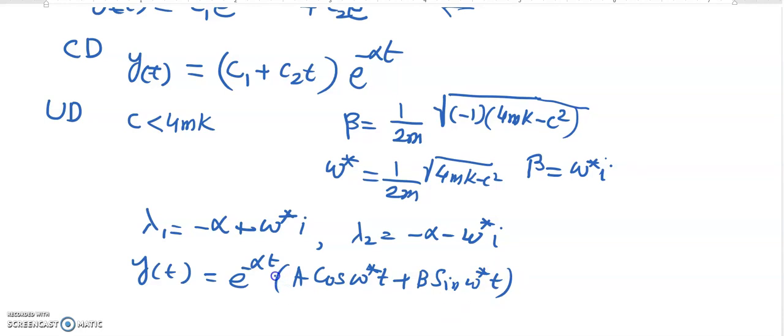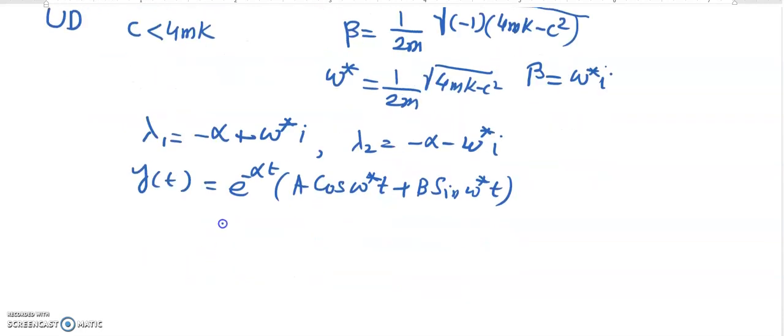And this can be represented also just like we did for the undamped case.